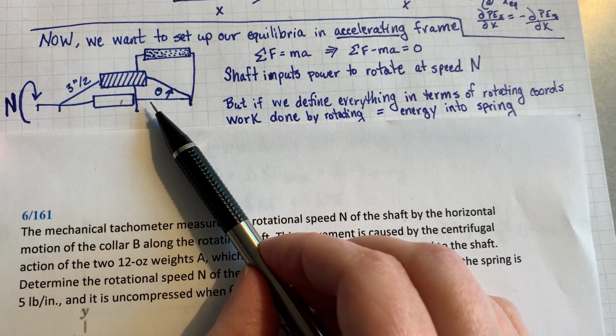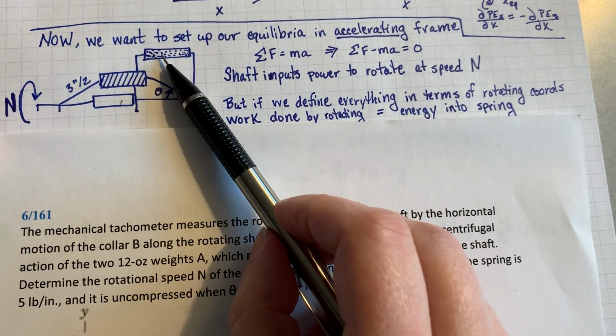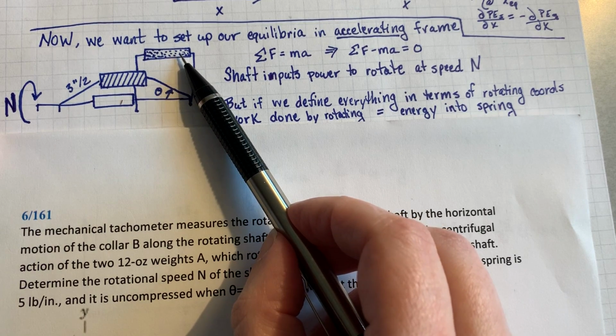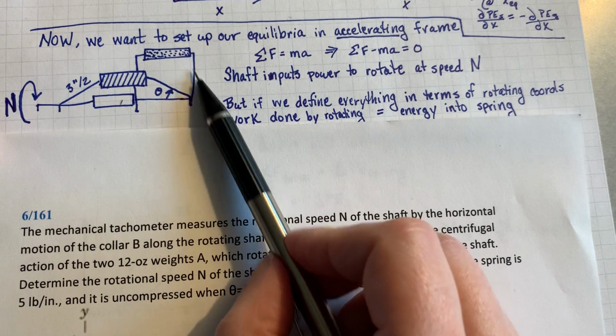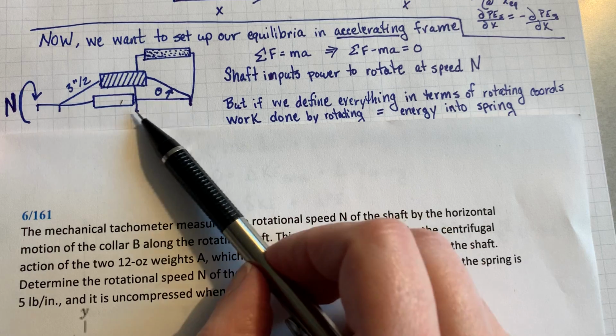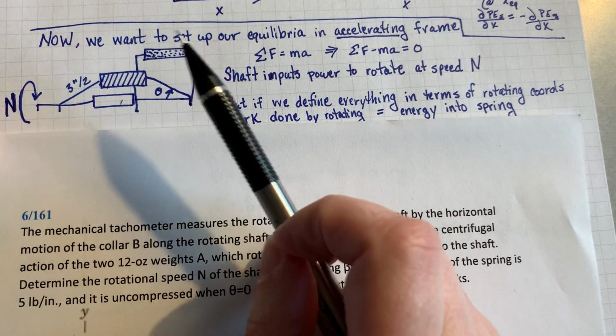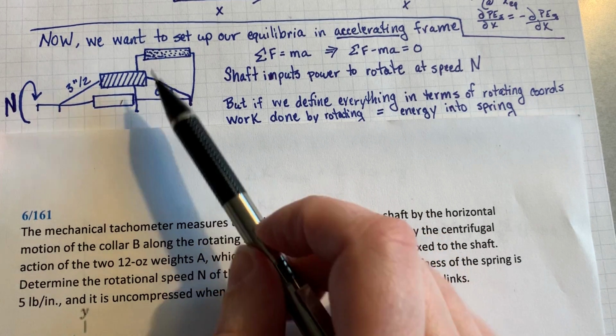The spring is obviously going to have some energy, and then there's going to be a change in the kinetic energy. Here the kinetic energy is going to be high because the mass is now moving further away from this radius, so it's going to be moving faster. And the spring is also going to be more compressed, so the spring is going to have more potential energy.